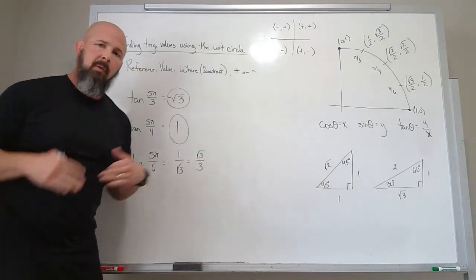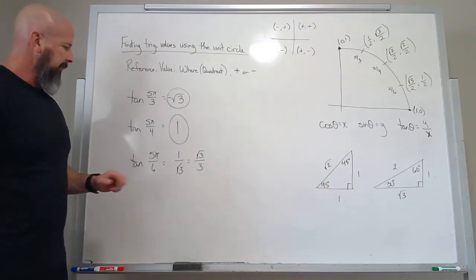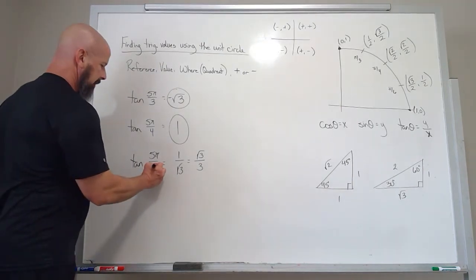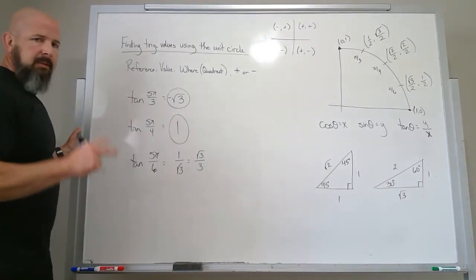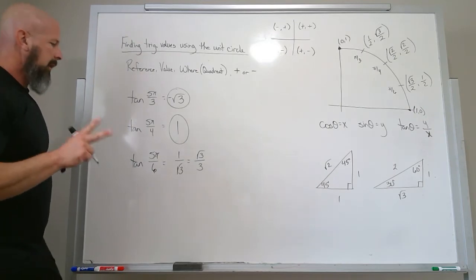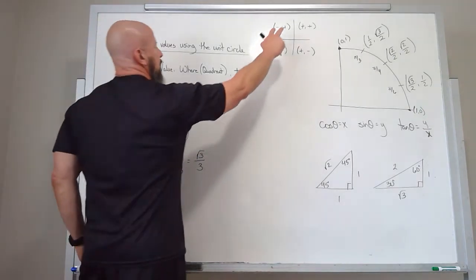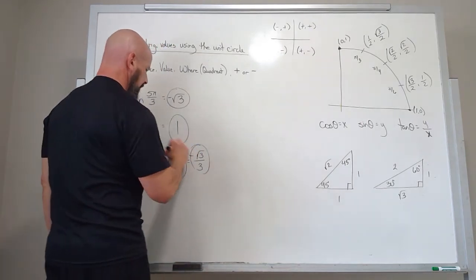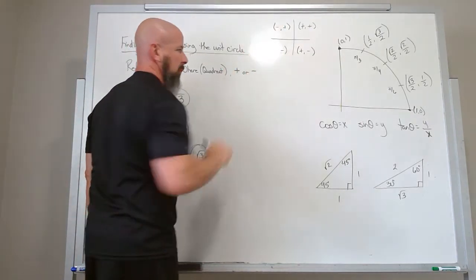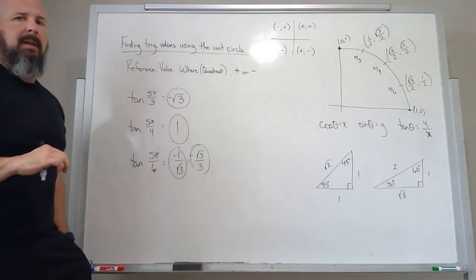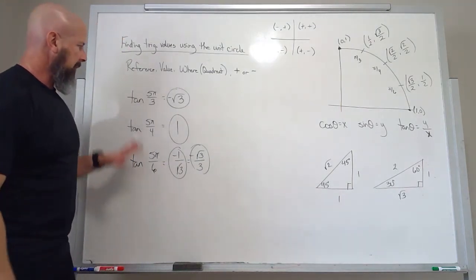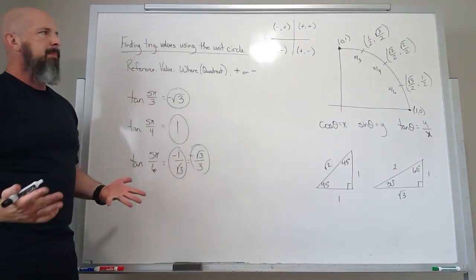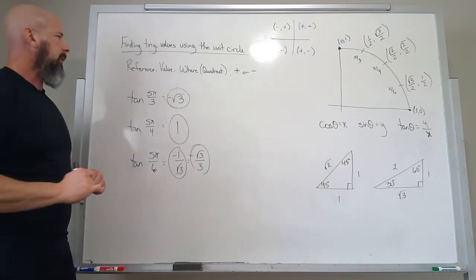I'm thinking 1 over root 3 first. I can rationalize it. Now where am I? 5 pi sixths is quadrant 2. And tangent in quadrant 2 is negative, because the signs are different. Y over x has a positive divided by a negative, which is a negative. That value there. And that's the basics of working with it.